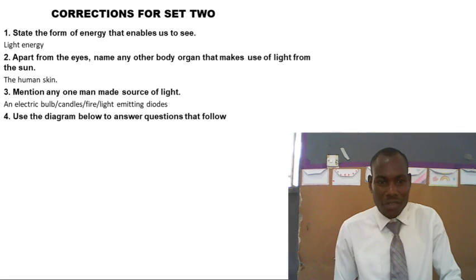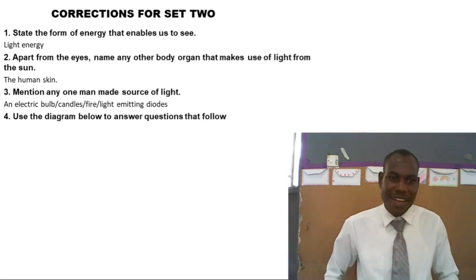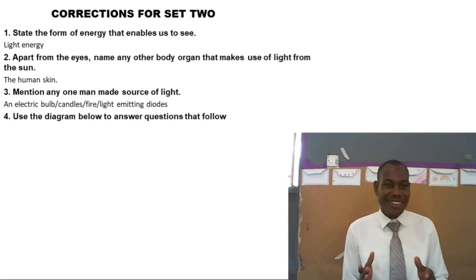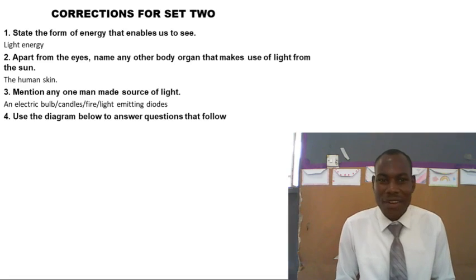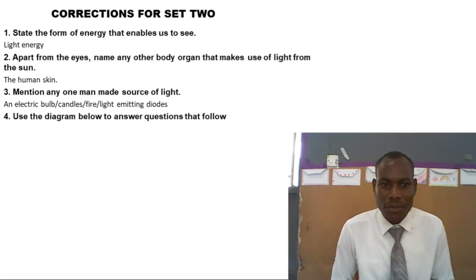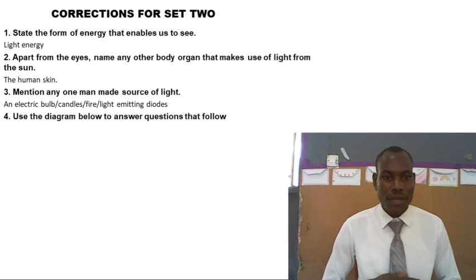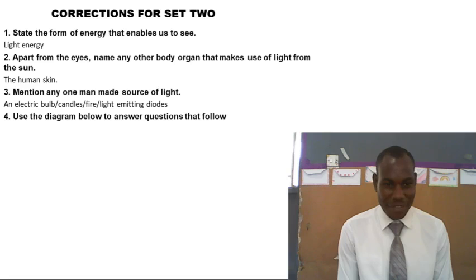Our fourth question is a diagram. I love diagrams so much because I just love dealing with them. Let us read it together: use the diagram below to answer questions that follow.